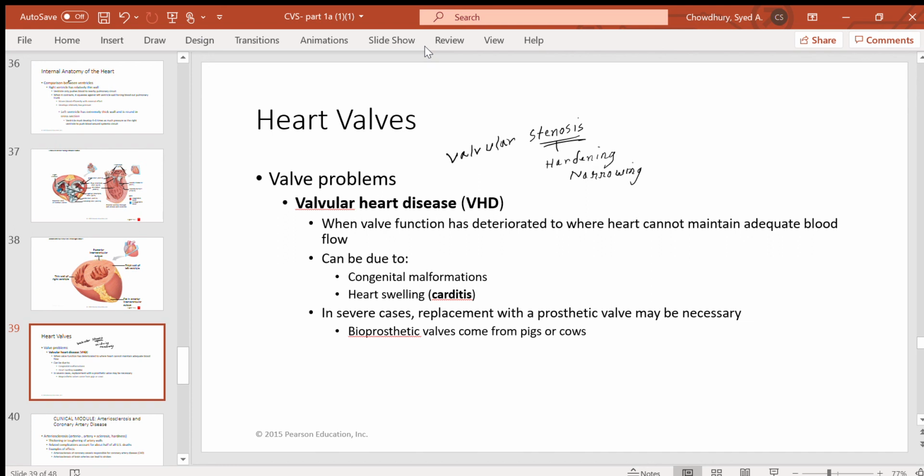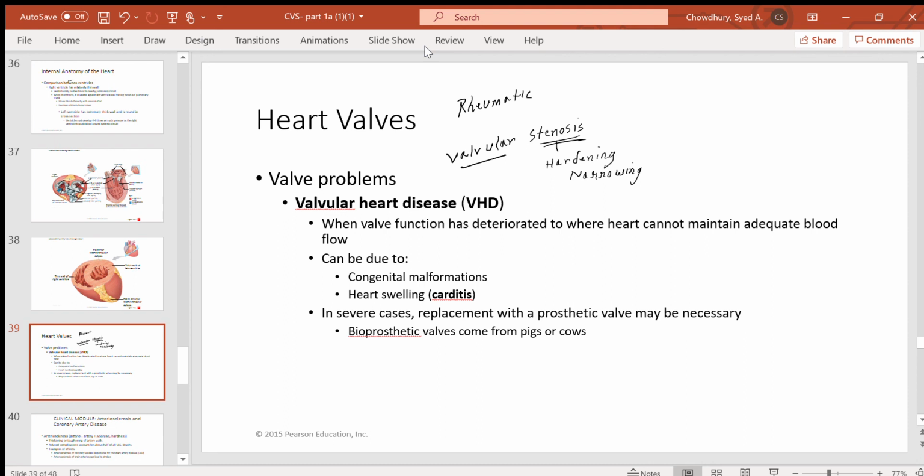Okay, and the valvular disease could be congenital, that means it's a birth defect, or could develop after birth due to some other reasons. For example, rheumatic fever. Probably you have heard. It happens more in kids.